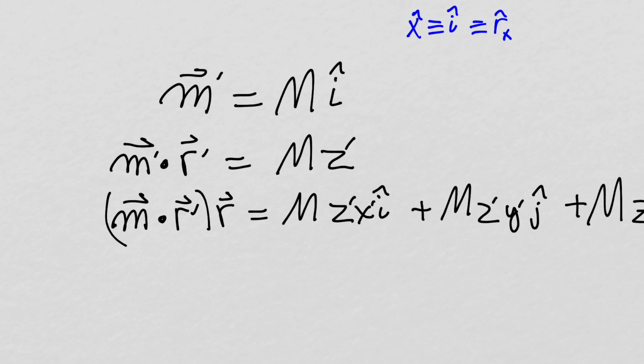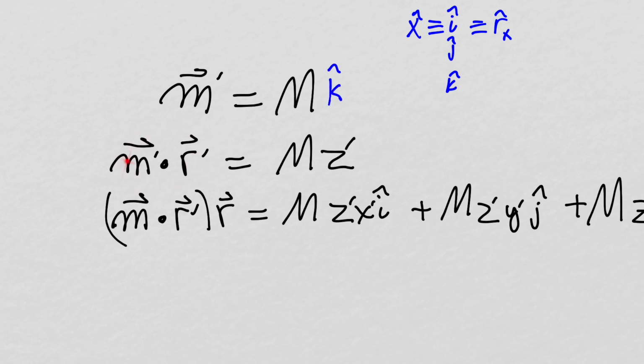I'm sure I'll screw it up and use an x hat when I mean an i hat, but understand, whatever form I use, I'm talking about the unit vectors i, j, k, so this will be i hat, j hat, k hat for x, y, and z. But regardless, the magnetic moment of our dipole is aligned in the, whoops, I've already screwed it up, it's aligned in the z hat direction, so that'll be k hat.